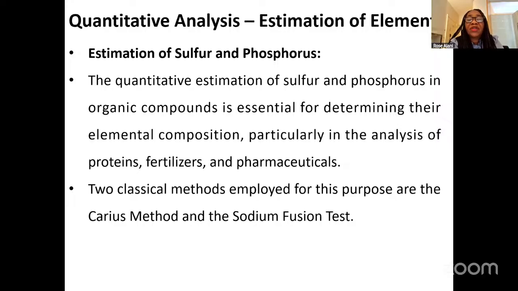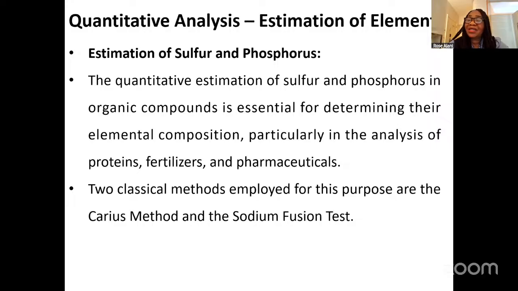Another one is estimation of sulfur and phosphorus. The quantitative estimation of sulfur and phosphorus compounds is very important, so you know the compositions, particularly in the analysis of proteins, fertilizers, and pharmaceuticals.